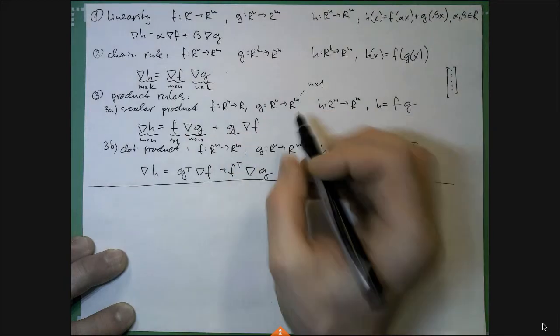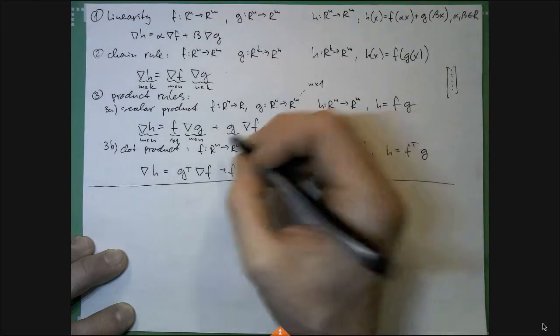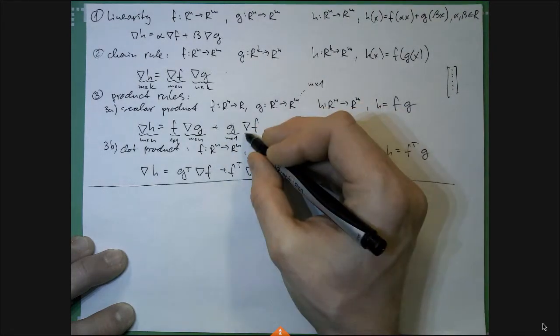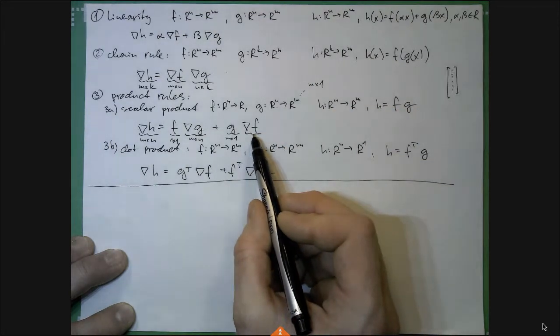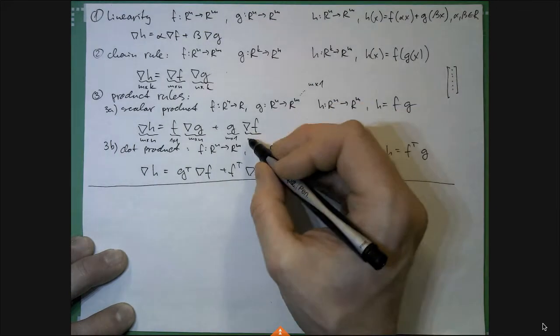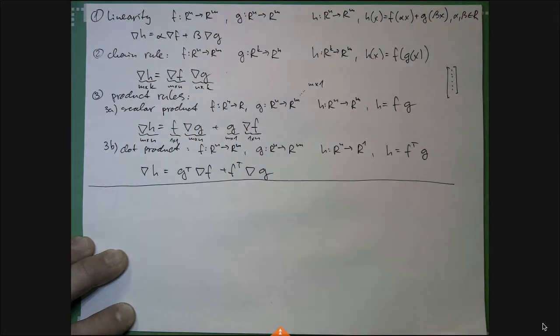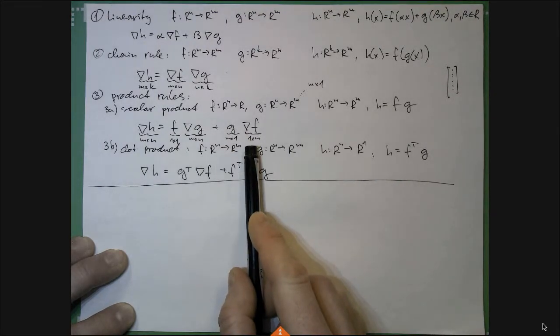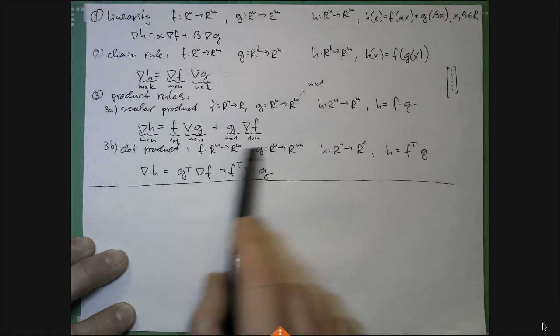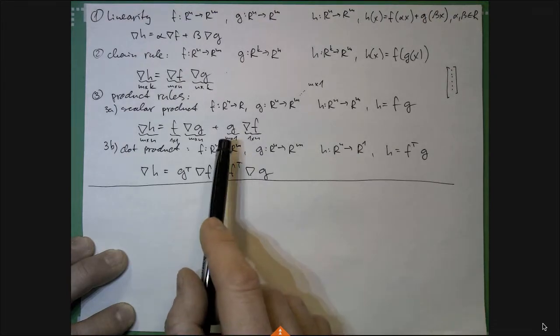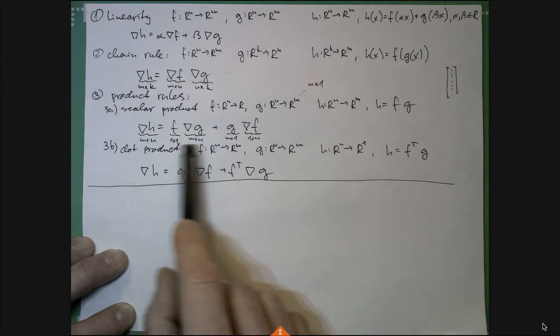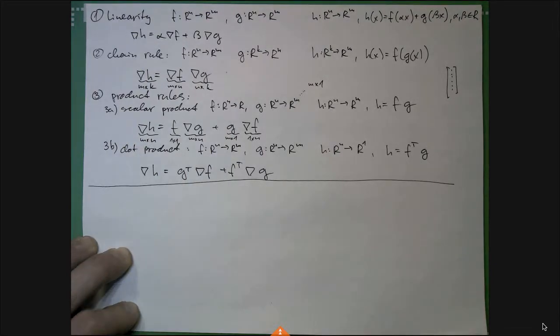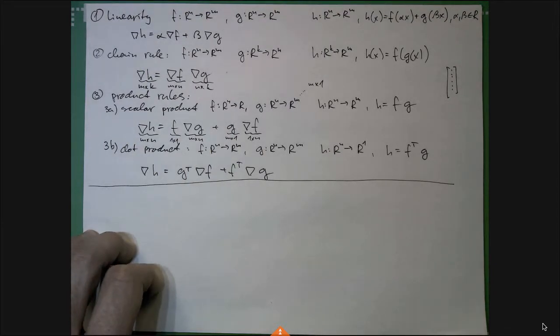What is g? G is an M by 1 vector, and the gradient of f is a 1 by N vector. Everybody knows what this product is called: the outer product. It's the bigger brother of the inner product. It's just a regular matrix product, which produces an M by N matrix. Here I have an M by N matrix. If I sum them, I get an M by N matrix back. So everything is cool.